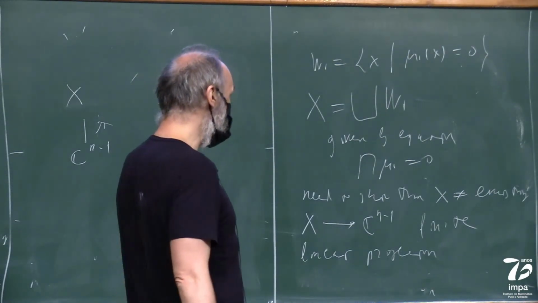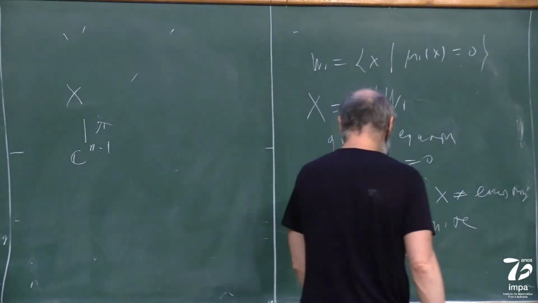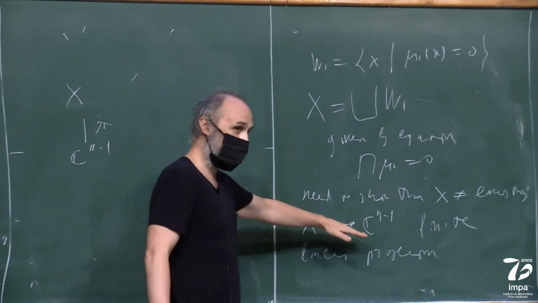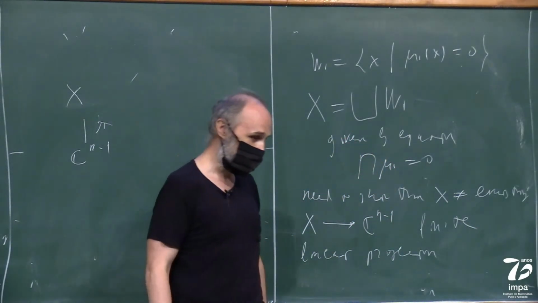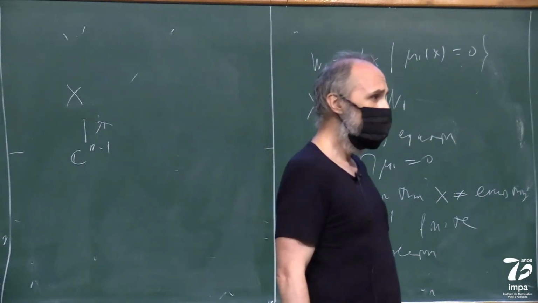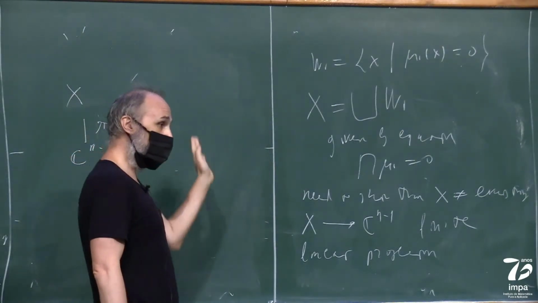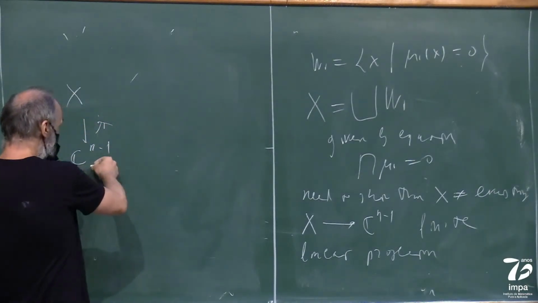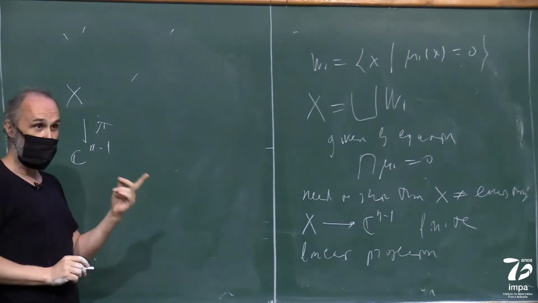On the other hand, it's good because the same would work for any divisor. If you have a divisor in C^n, you again apply Noether lemma, you project to C^(n-1), and you prove that this divisor is not everything, which is useful. You modify your coordinates using this trick which we had in such a way that it projects finitely to C^(n-1). Then the preimage of a point is finite.